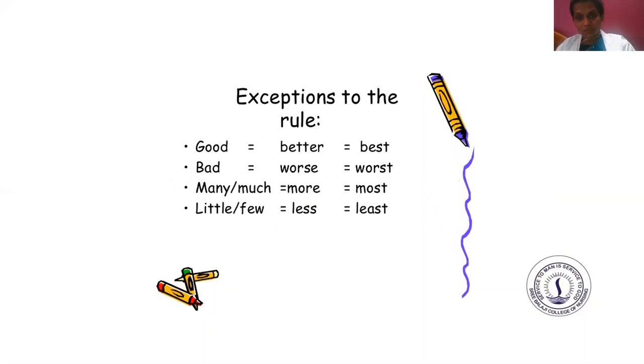And exceptions to the rule: good, better, best; bad, worse, worst; many, more, and most; little, few is positive form, and less is comparative form, and least is the superlative form.